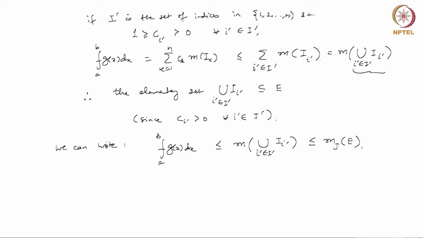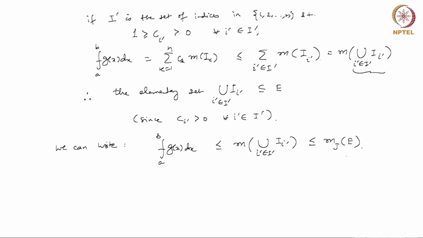So for any g which is piecewise constant on [a, b], we have this inequality which bounds the Riemann-Darboux integral of the piecewise constant function g by the inner Jordan measure of E.